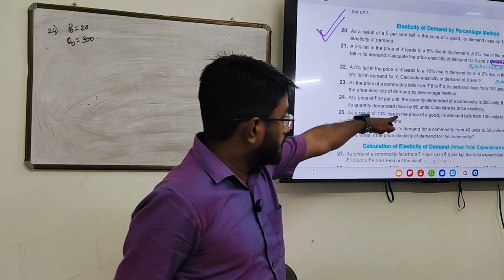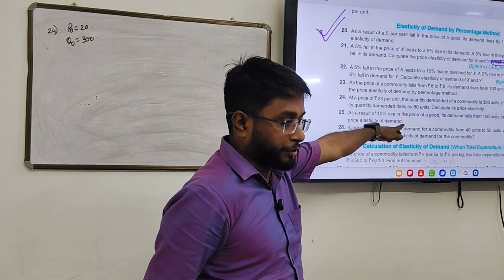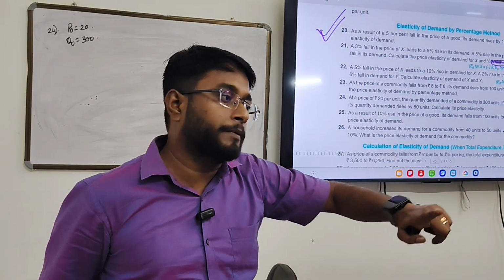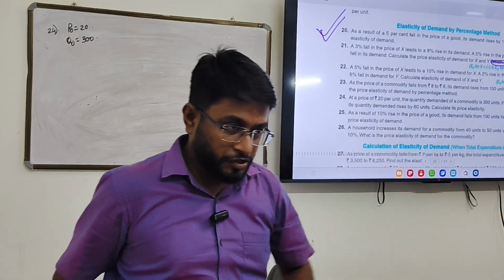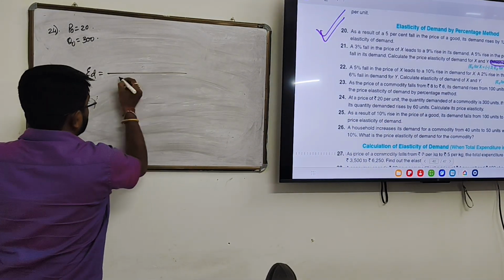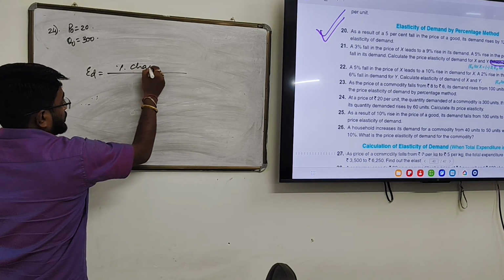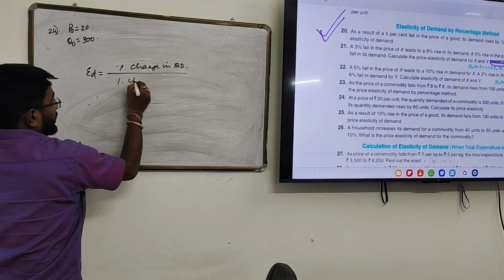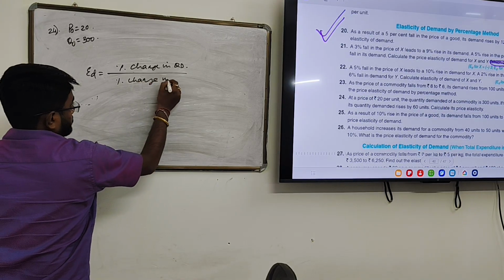Here, the method is not mentioned, whether percentage or geometric. Let us solve it by percentage because it is very easy. How? ED is equal to percentage change in QD divided by percentage change in price.